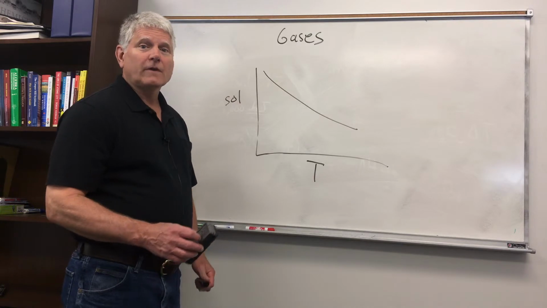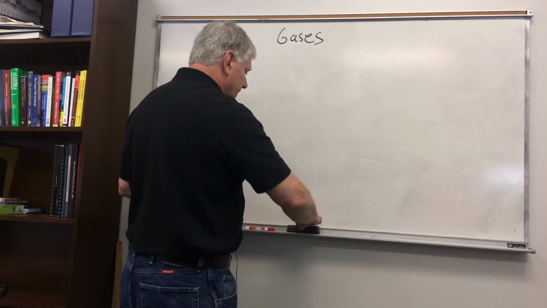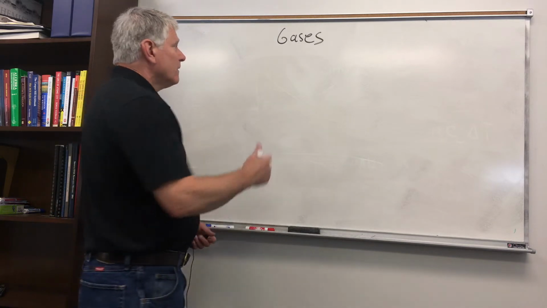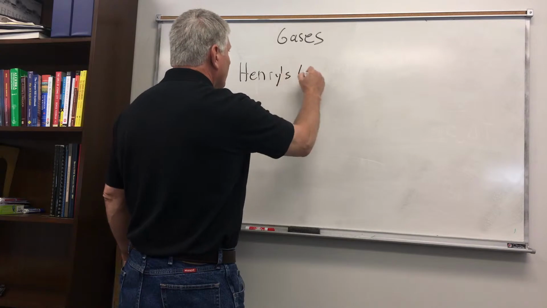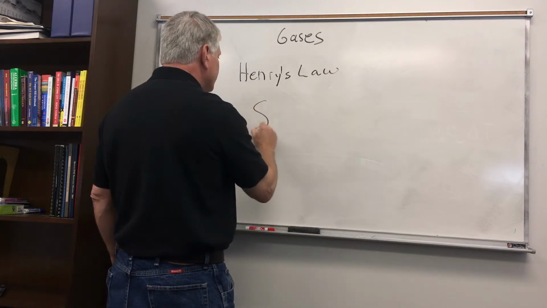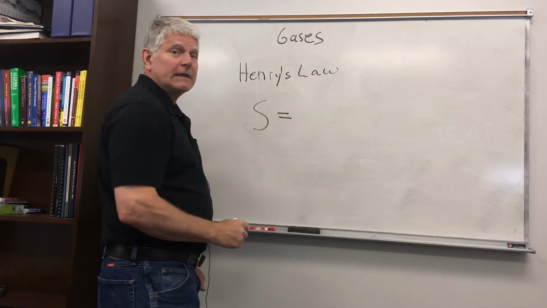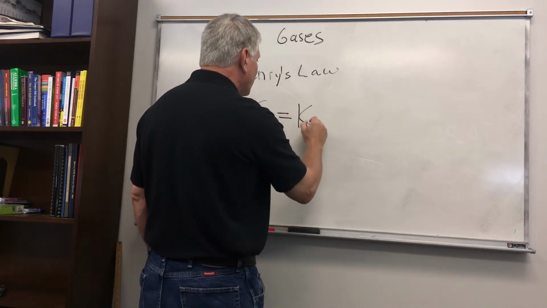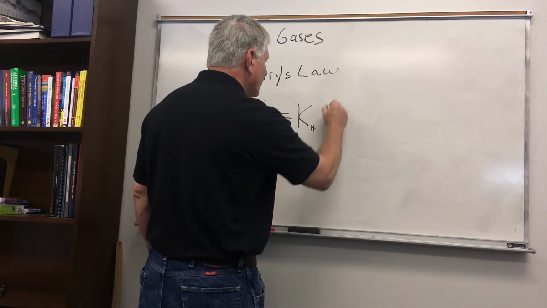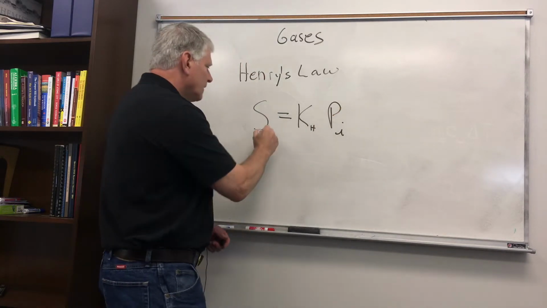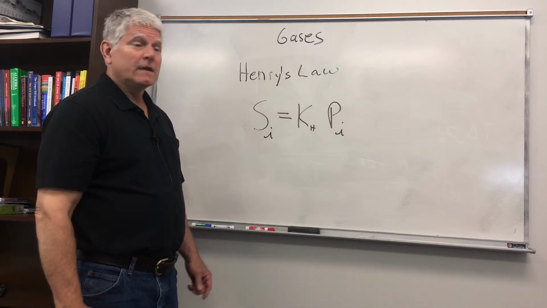Now, gases also respond to the pressure. And we have what's called Henry's law, which says that the solubility of a gas in moles per liter is equal to Henry's law constant times the partial pressure of the gas over the solution.